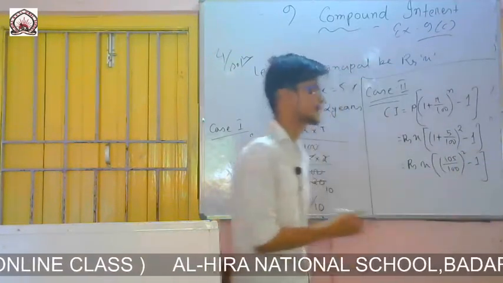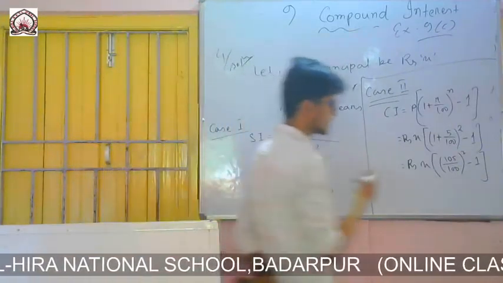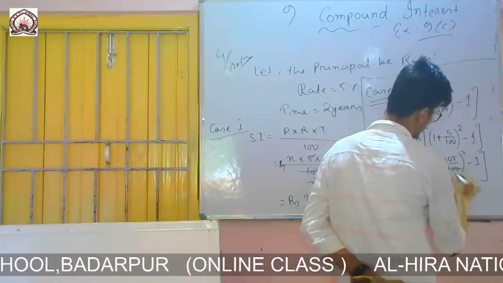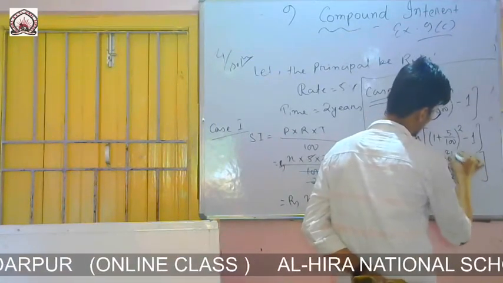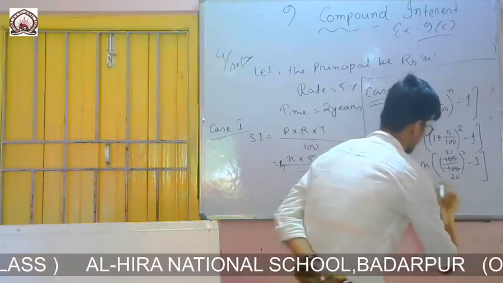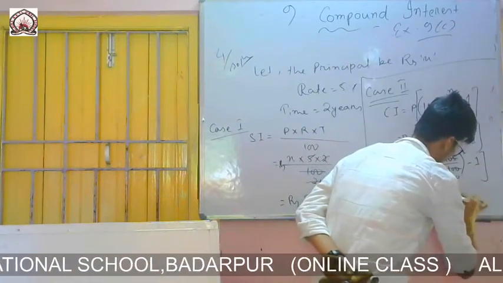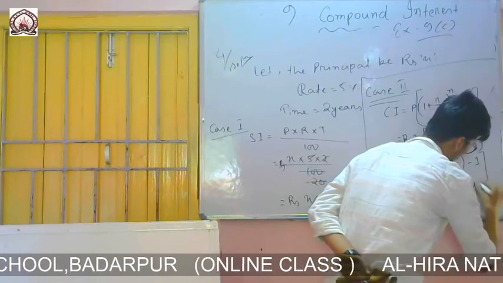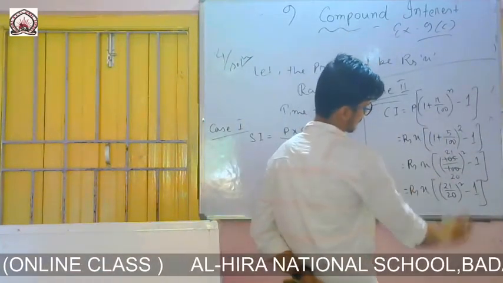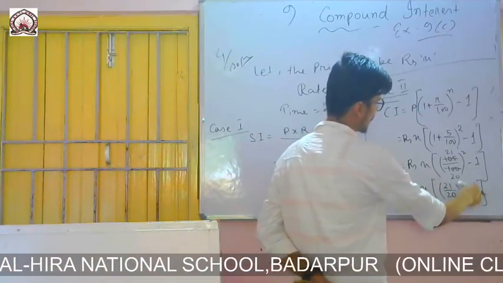Directly I have taken the LCM. Now it will be easy if I cancel it here. I can cancel this one with 5. 5 20s are 100, 5 21s are 105. So there it will be rupees x, 21 by 20 whole thing square minus 1.